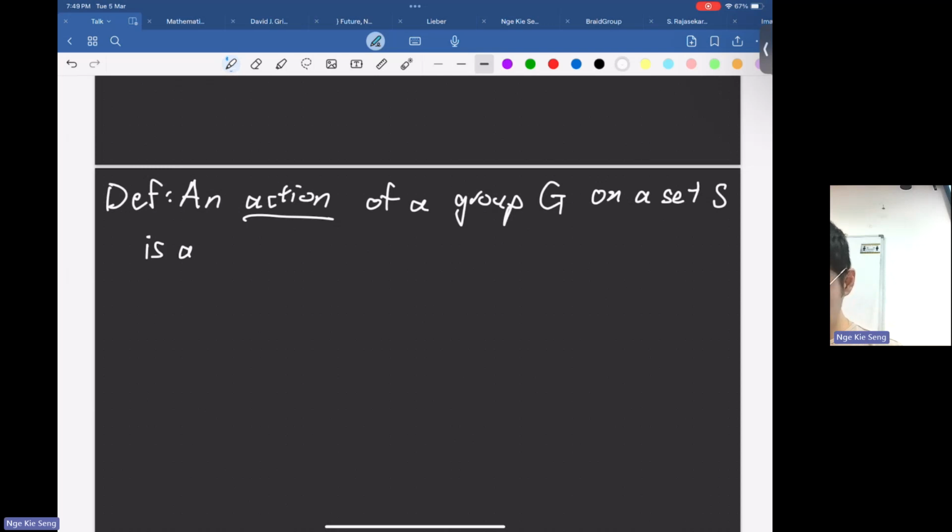Again, it's a map of two variables. I give you a group element, and I want it to act on a set. And then what should I get? This could be meaningful: I want to see how my set changes. So it should give me something back inside the set.